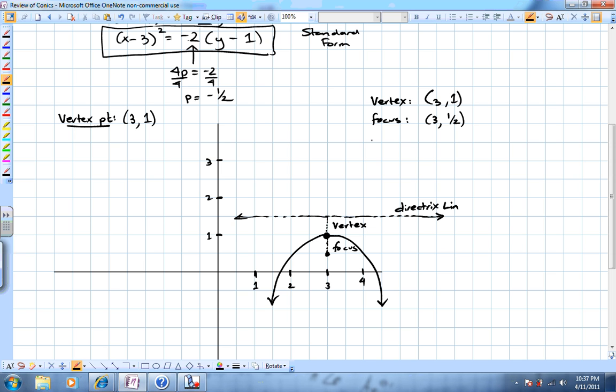And finally the directrix line is going to be y equal, since it's horizontal, and you can see here that you are at 1.5, so y equal 1.5. If you want to change this to a fraction, you can say y equal 3/2. Okay, and there you have the sketch and the pertinent information: vertex, focus, and the directrix line.